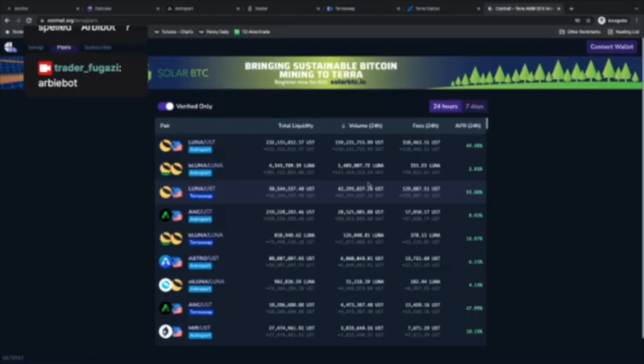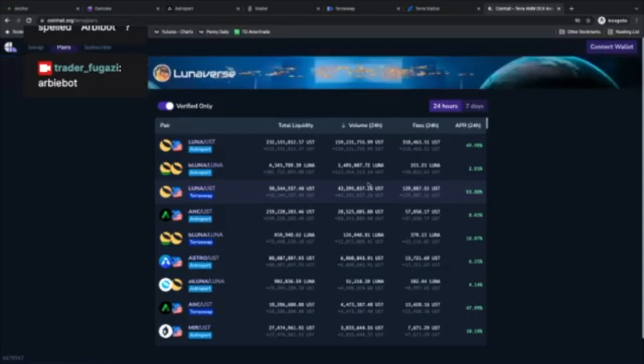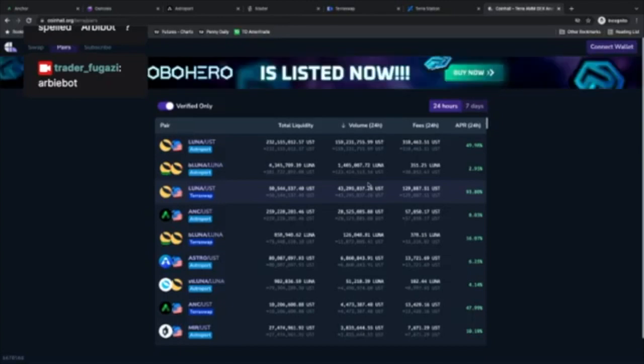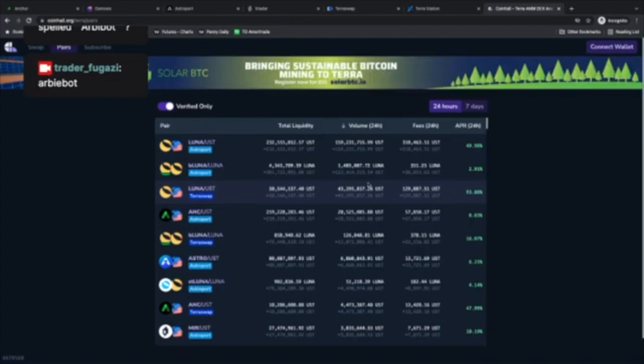And with that, in my opinion, UST is going to be the stable coin for the Cosmos ecosystem. Now, if ETH upgrades to the Cosmos SDK, would that make UST the stable coin for ETH? And could you imagine what kind of adoption that would turn into?